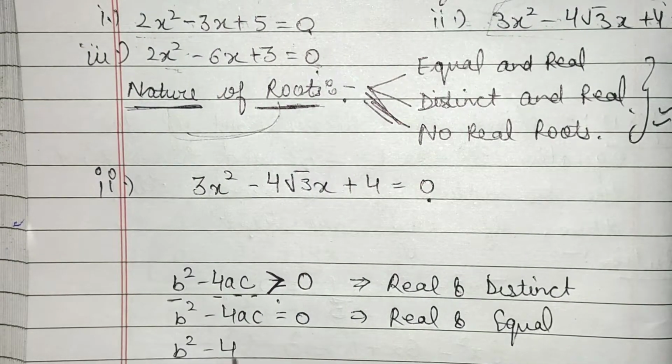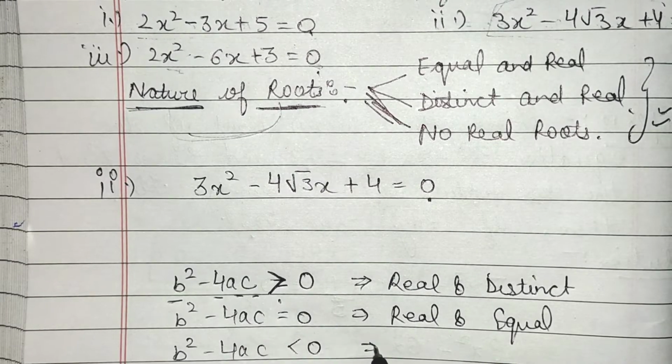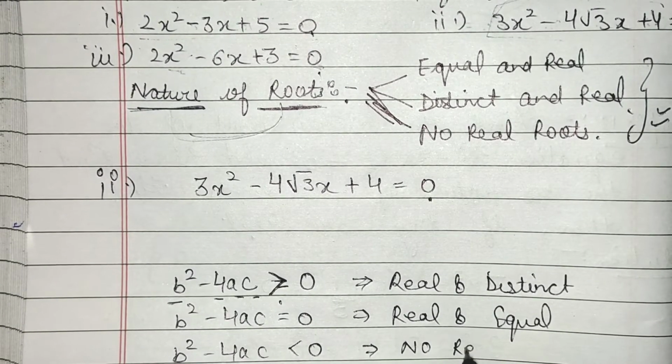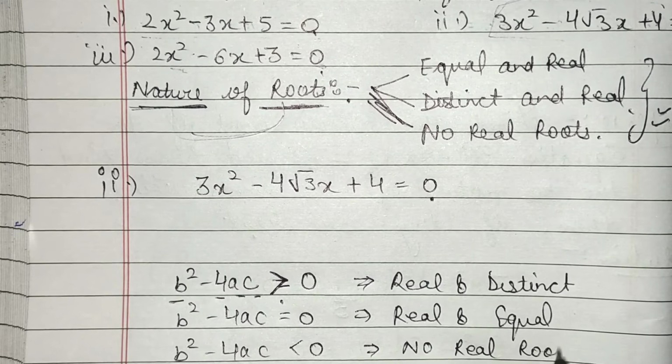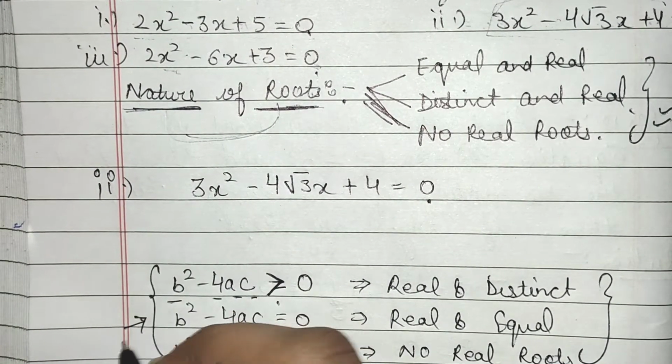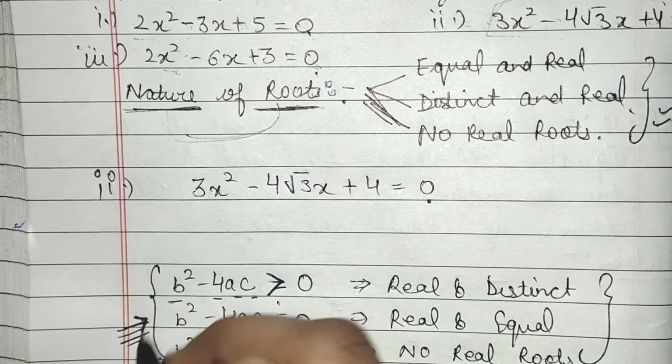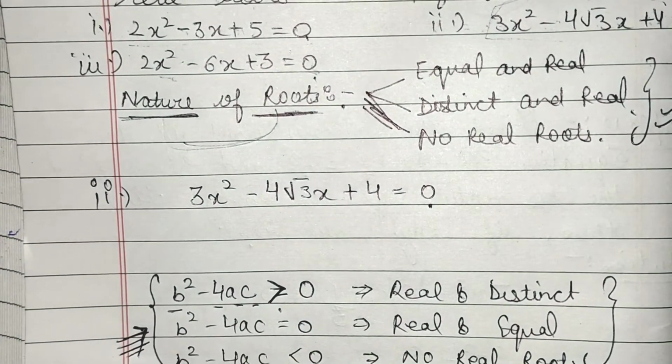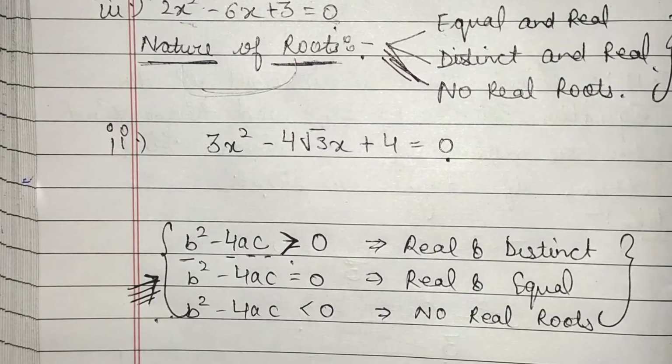And if b square minus 4ac is less than 0, then no real roots exist. I have told all of this in detail in my previous video. Please see my previous video if you want a detailed explanation.